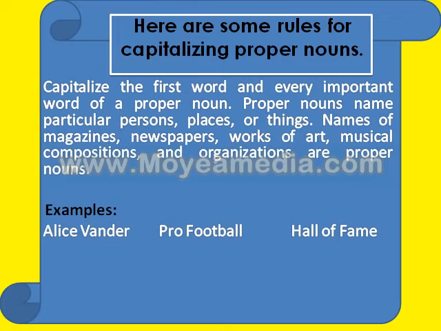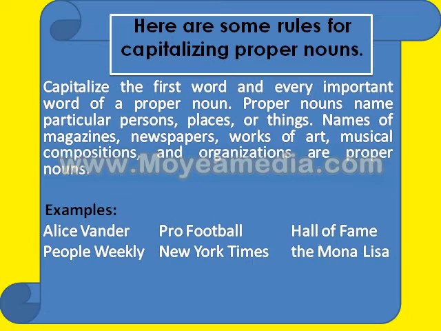People Weekly, New York Times, the Mona Lisa. So these are some examples of proper noun wherein the beginning or the first word, which is very important, is capitalized. People Weekly, P and W are written in capital letters. New York Times, NYT is written in capital letters.